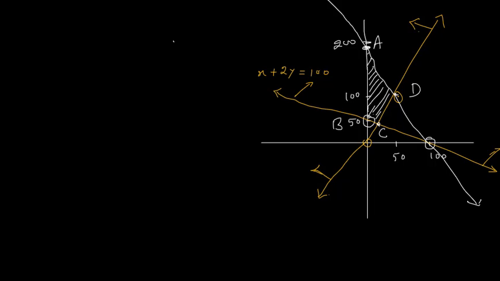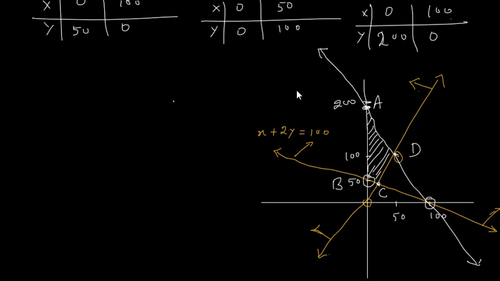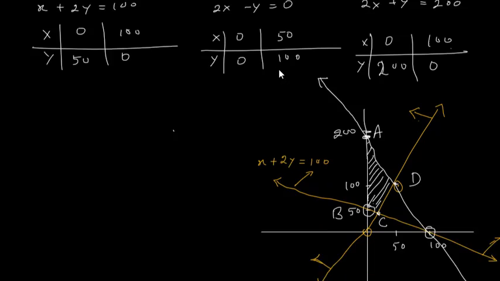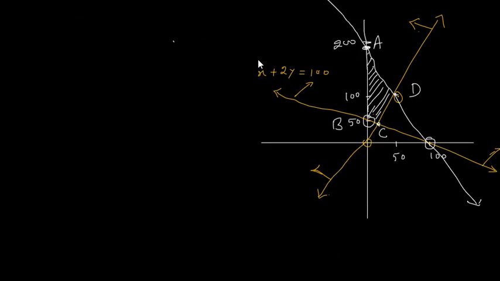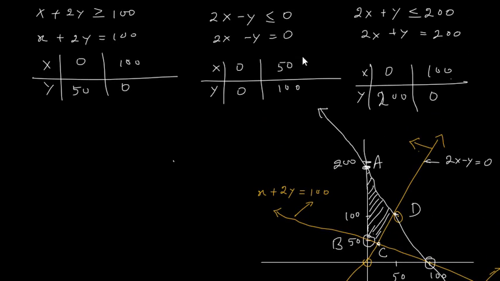Let us write equations, respective equations. X plus 2y is equals to 100 we have written. Next equation which we plot is 2x minus y is 0. And third equation which we plot is 2x plus y is 200.